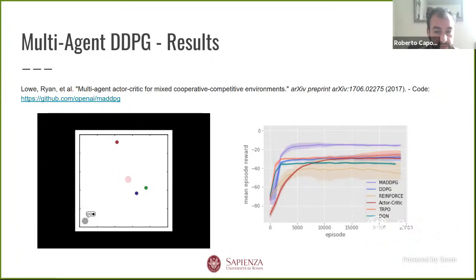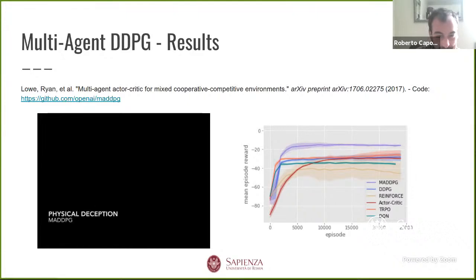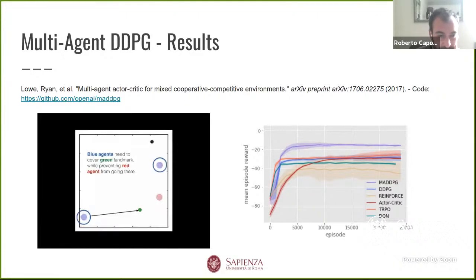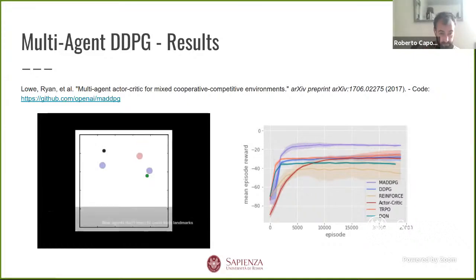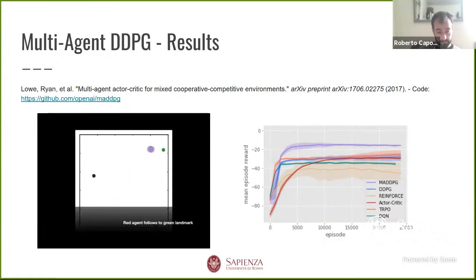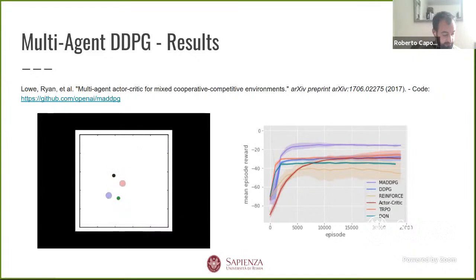So this is a comparison between multi-agent DDPG and DDPG alone, which is not capable of solving the task. Similar story here.